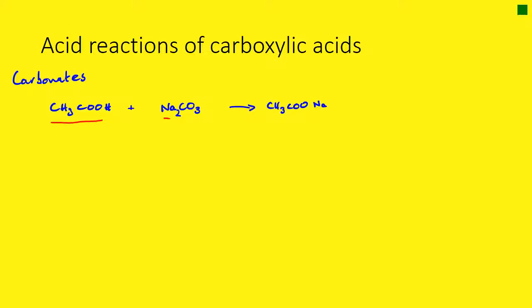So the carbonate ion here breaks down, and so we get some carbon dioxide coming off. Alright, but we've got one of those three oxygens still to account for, and that goes in, forms a water molecule with hydrogen.